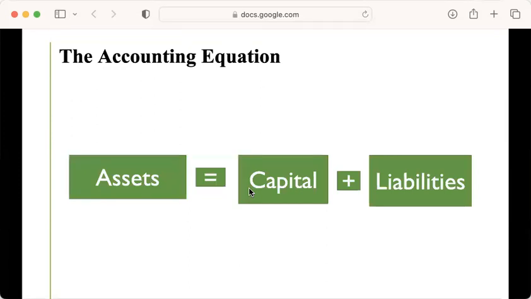Assets. Assets means anything that belongs to us. Us means whom? The business, right? So assets are those which belong to the business. It can be money, it can be buildings, equipment, machines, or the stock of goods. All of these are assets.